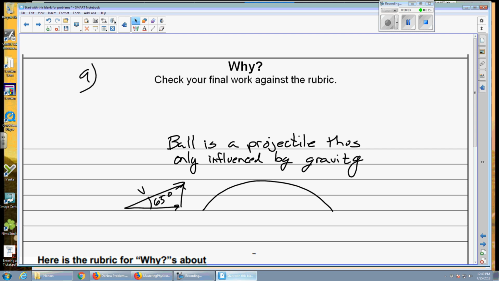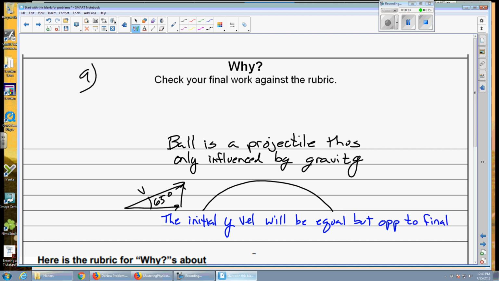And because they tell me things like it was caught at the same height that it was launched, I know that the initial y velocity will be equal but opposite to the final y velocity.